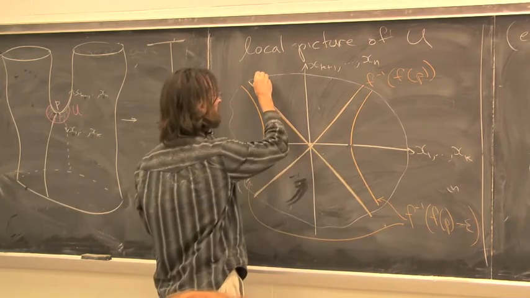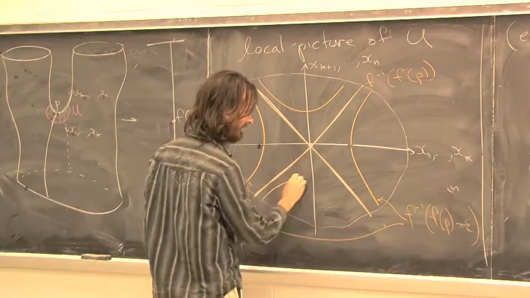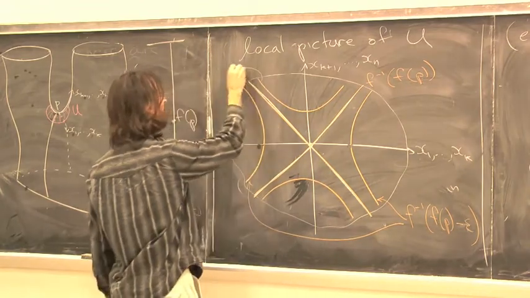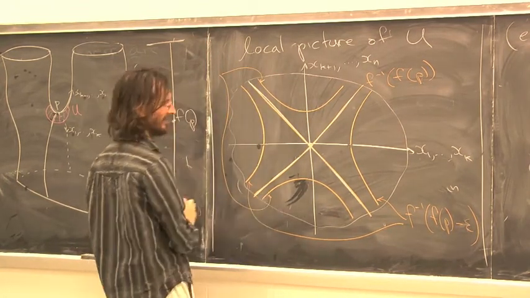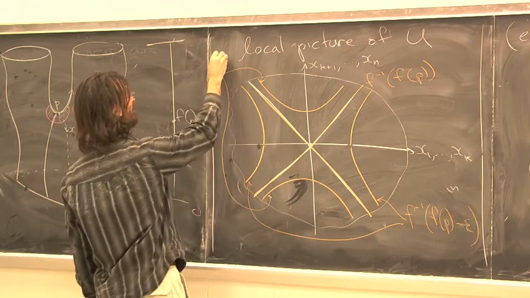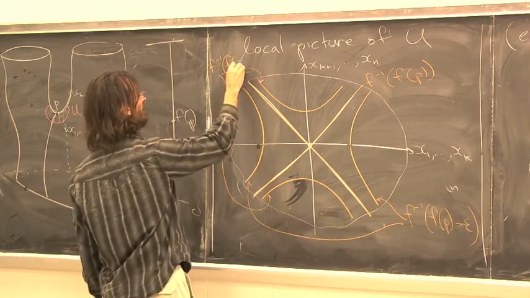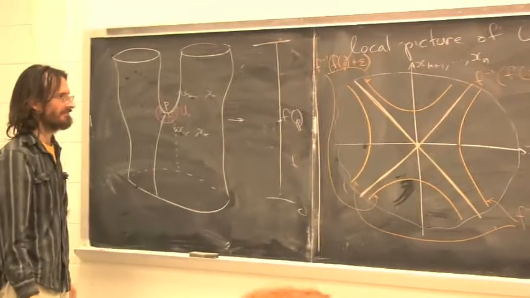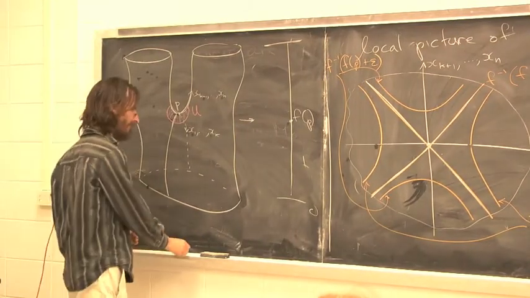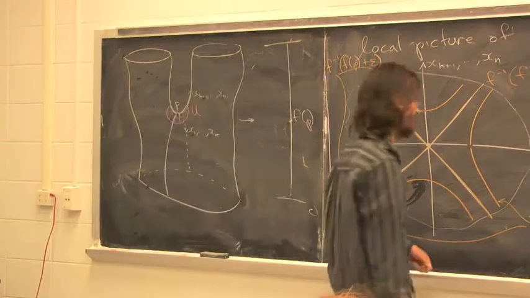Then I go up here, and the other hyperboloid is that together; schematically this is f inverse of f of p plus epsilon. Now what does the vector field look like?